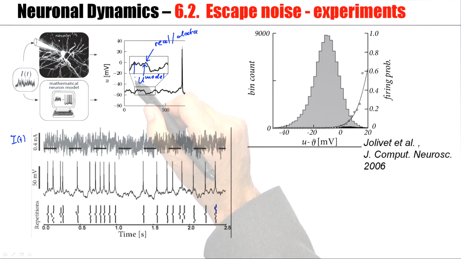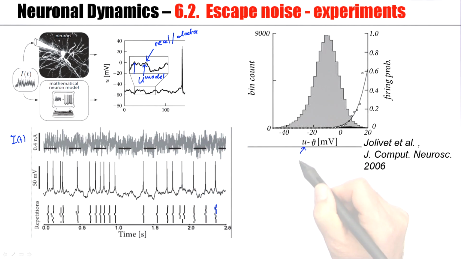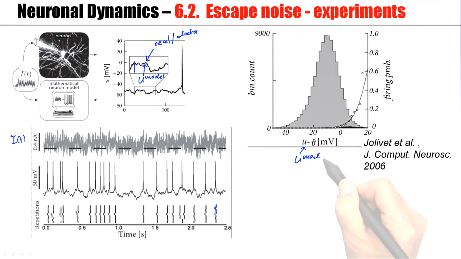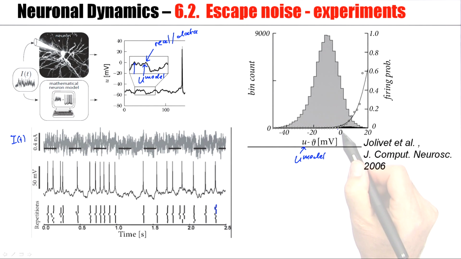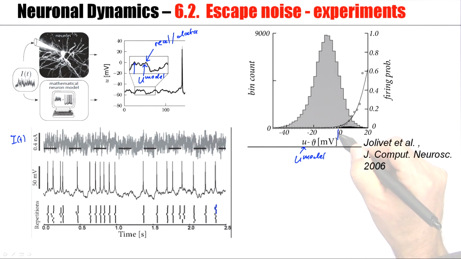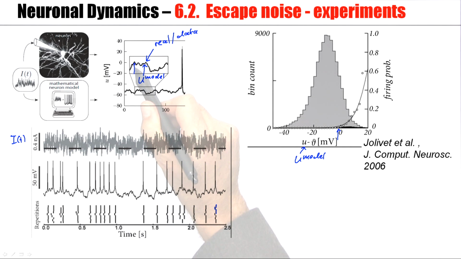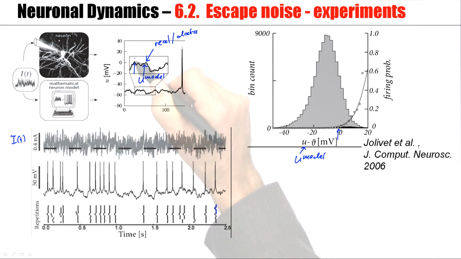This is a certain value u of my model, u model, which is just below theta. Say it's this value here. Now for this value of my model, I see that the neuron here has not fired.